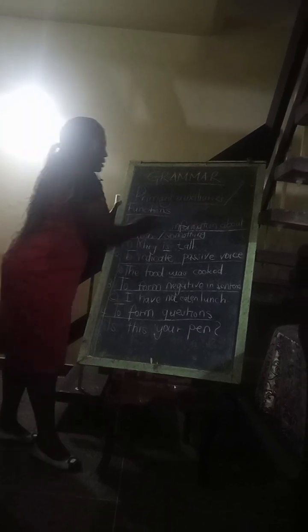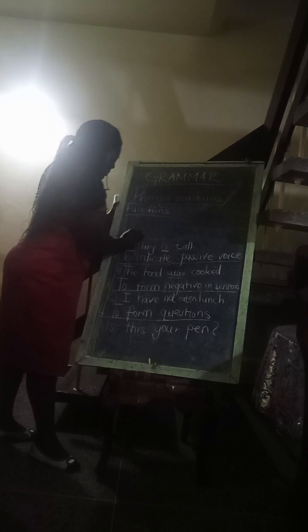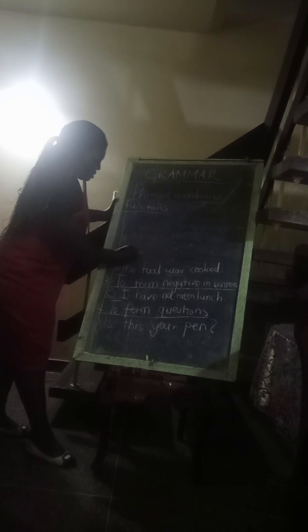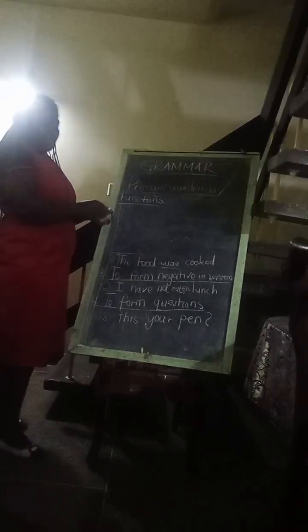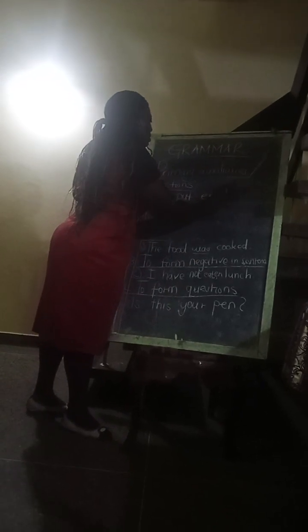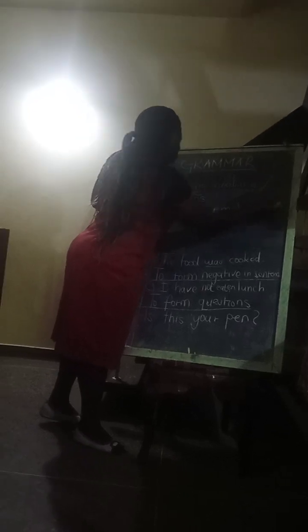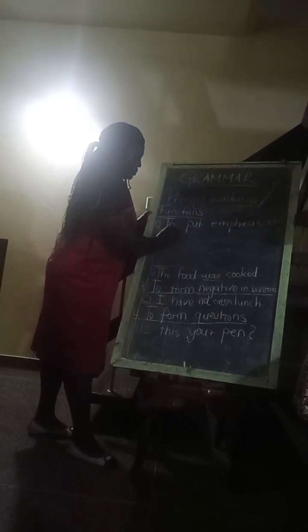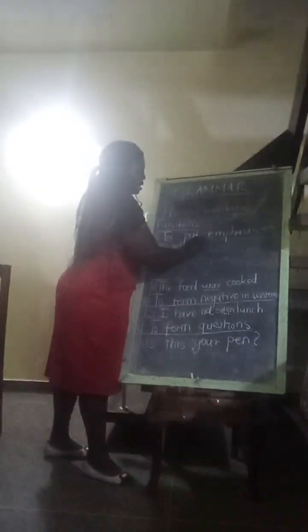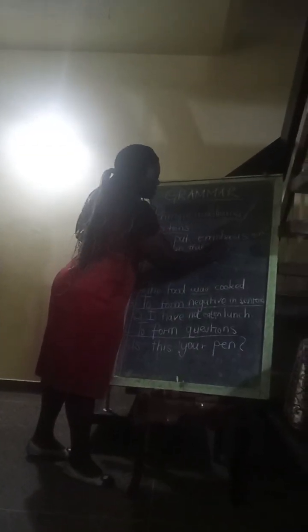Then function number 5. We use primary auxiliaries to put emphasis on the action that takes or took place.